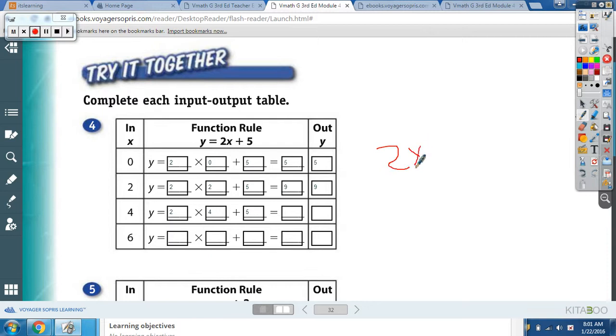Order of operations tells us we must multiply first. 2 times 4 is 8. And we have 8 plus 5, and 8 plus 5 is 13. So our output value here will be 13.